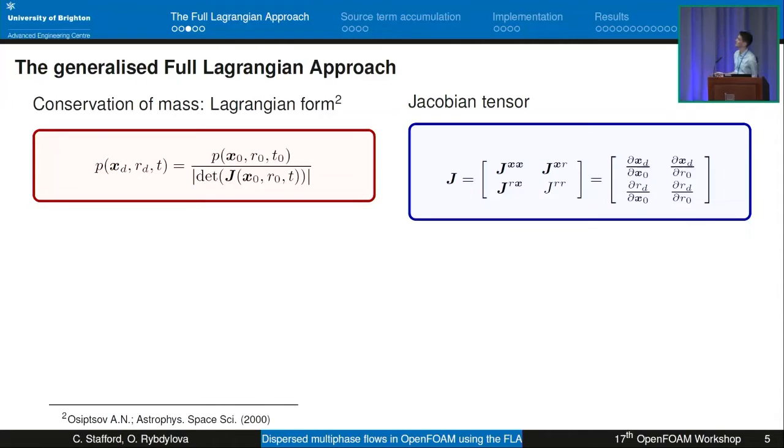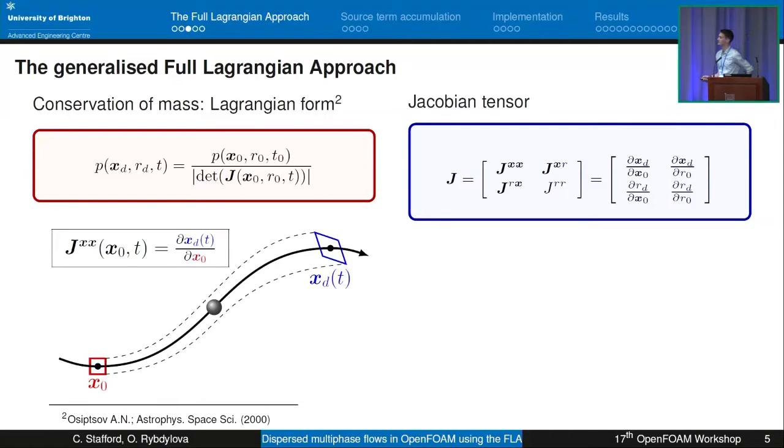For a polydispersed system, this Jacobian consists of a block matrix. So it's got blocks in space and size, where R is radius, the metric of size we're using here for a droplet. And it's defined as a partial derivative with respect to the initial conditions.